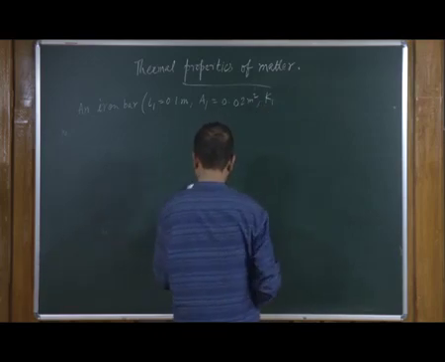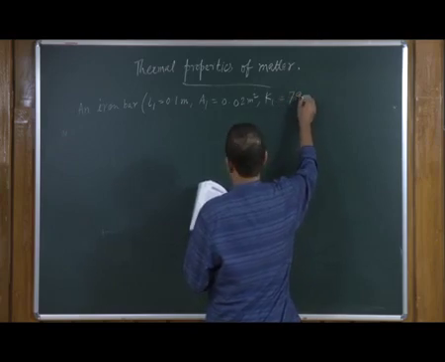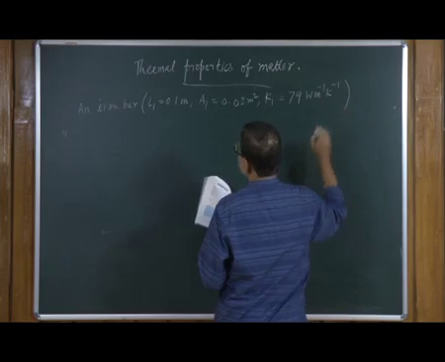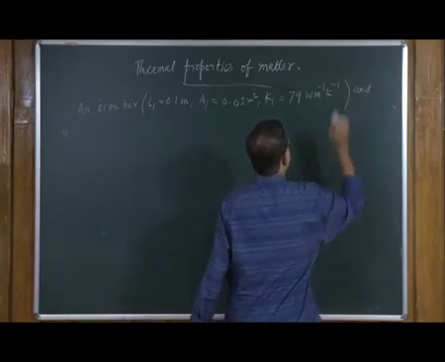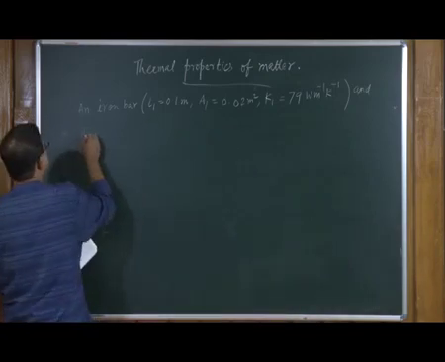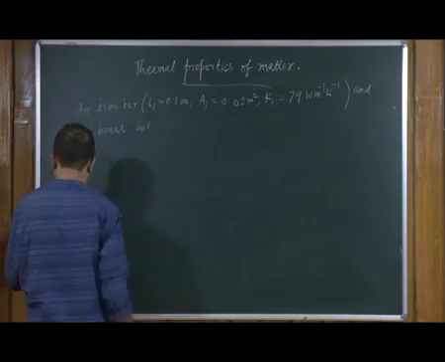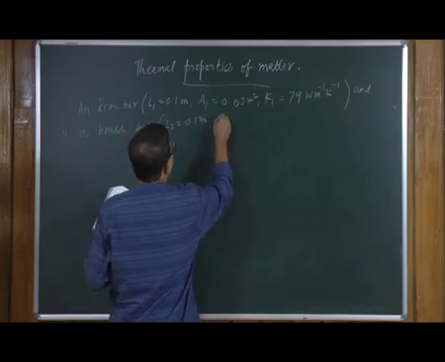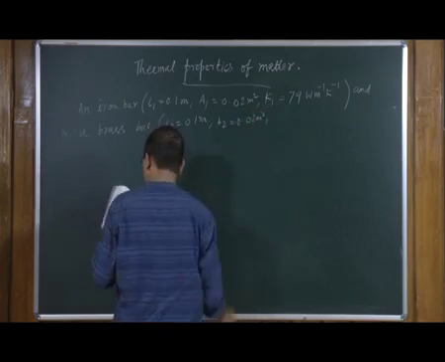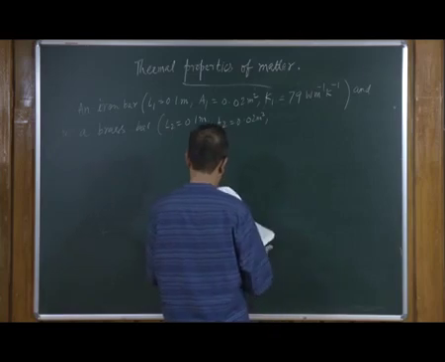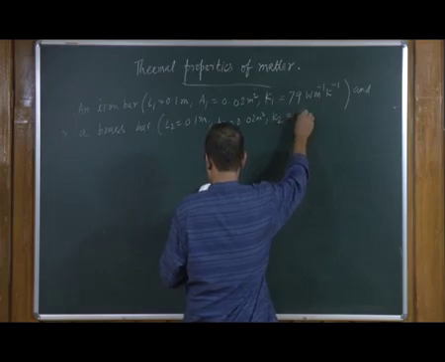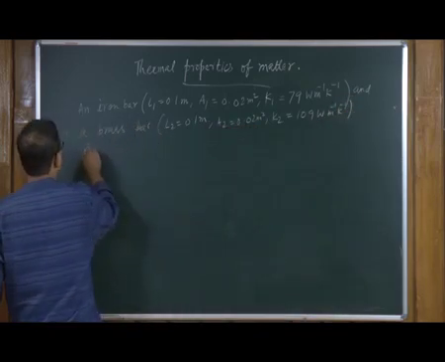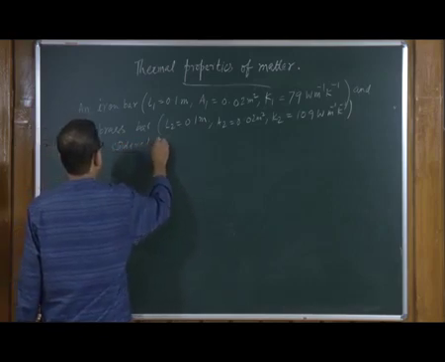So, K1 is equal to 79, given in watt per meter per Kelvin, and a brass bar with the specifications again as 0.1 meter and the same area of cross section, but with different thermal conductivity, because we know that thermal conductivity depends on the material, 109 watt per meter per Kelvin, are soldered end to end.